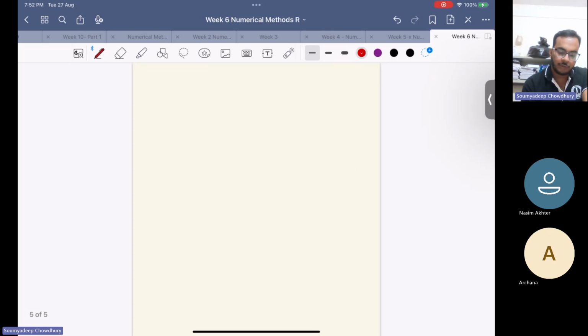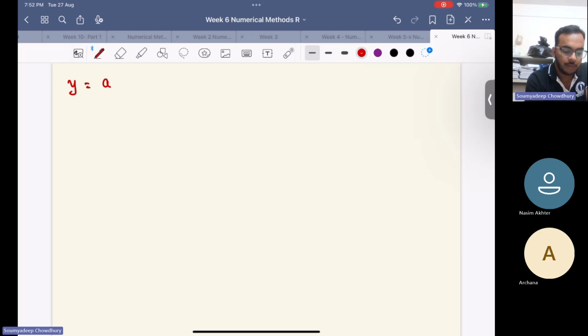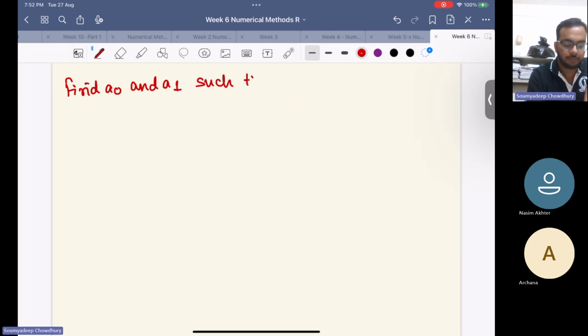So what should be the condition? You have to find a0 and a1 such that the error is minimized.